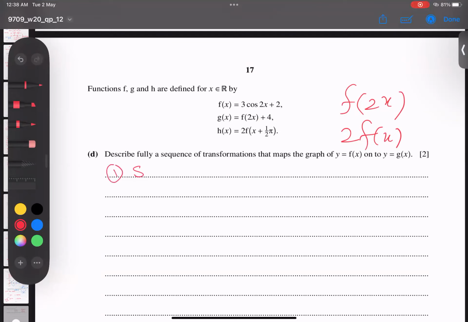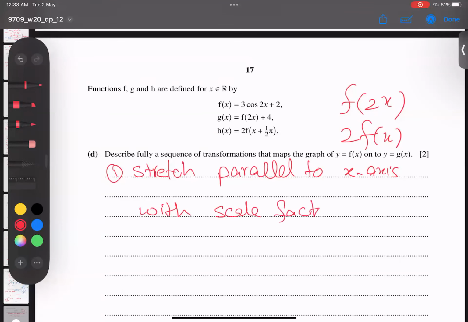stretch number 1, stretch parallel to the x-axis with scale factor, so make it reciprocal, and 1/2, this will go down.